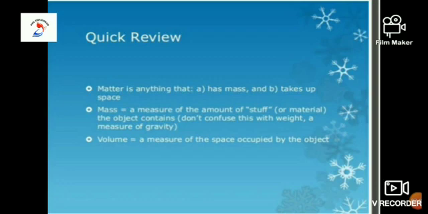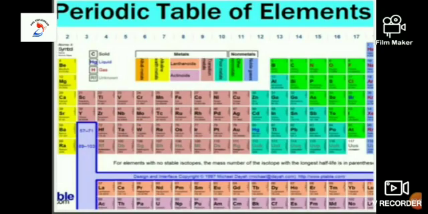In this chapter, we will study the classification of matter on the basis of its physical properties. The classification on the basis of chemical properties I will also be explaining.